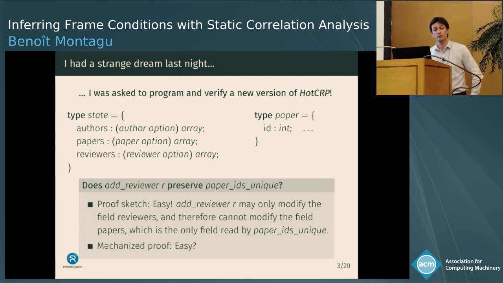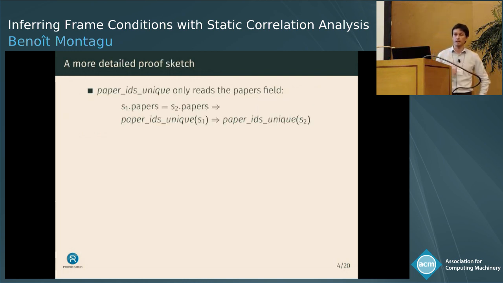But what happens when you actually need to perform a mechanical proof of such properties? How easy can it be? Well, here's a more detailed proof sketch. The first step is to show that the property of uniqueness of IDs is actually stable under changes of the state that preserve the papers field.